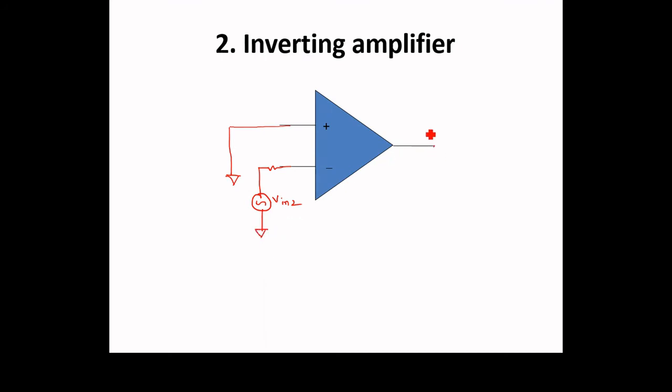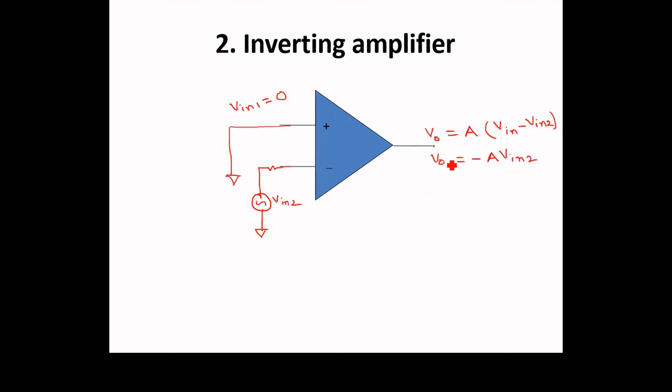So the output voltage, what is the relation? V0 is nothing but A into V in 1 minus V in 2. Now we are not applying V in 1, so in this case it is 0. So the output voltage becomes minus A into V in 2.